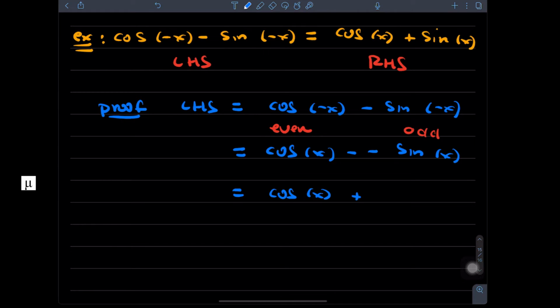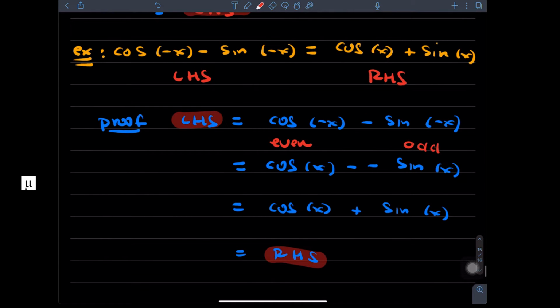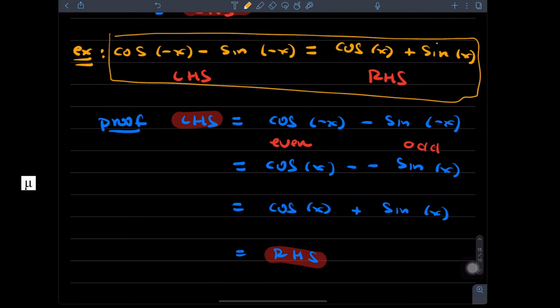Got cosine plus sine. And then that's equal to the right-hand side. All right, so there you go. We know this is now a valid statement.